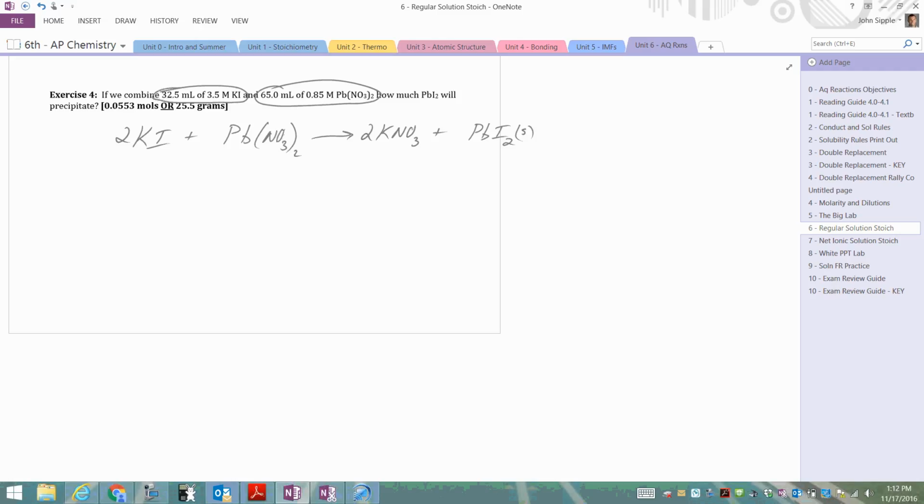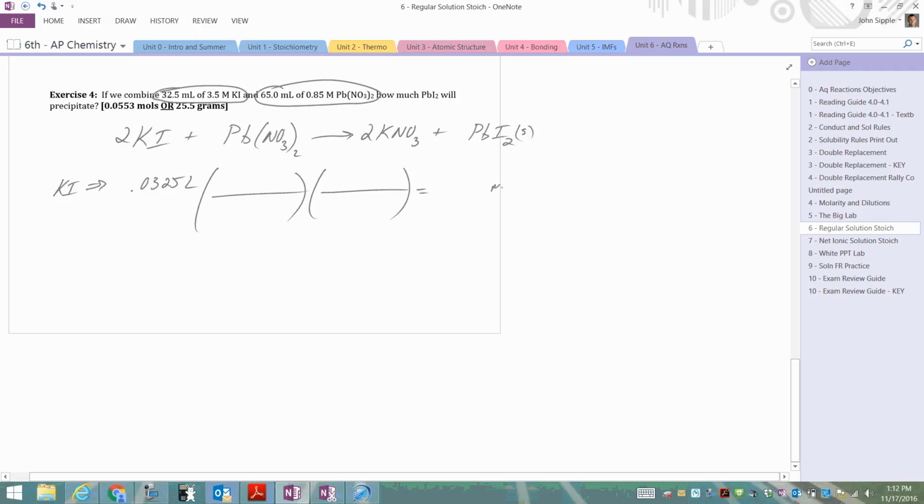Okay, so we're going to set two problems up, and we're only going to keep it to 2 steps. We don't need to go all the way to grams because they don't ask us for grams, right? So we can just do these with 2 steps and just go to moles, all right? So I'm going to do the KI first. All right, so we've got 0.0325 liters, and these are going to be 2 steps.